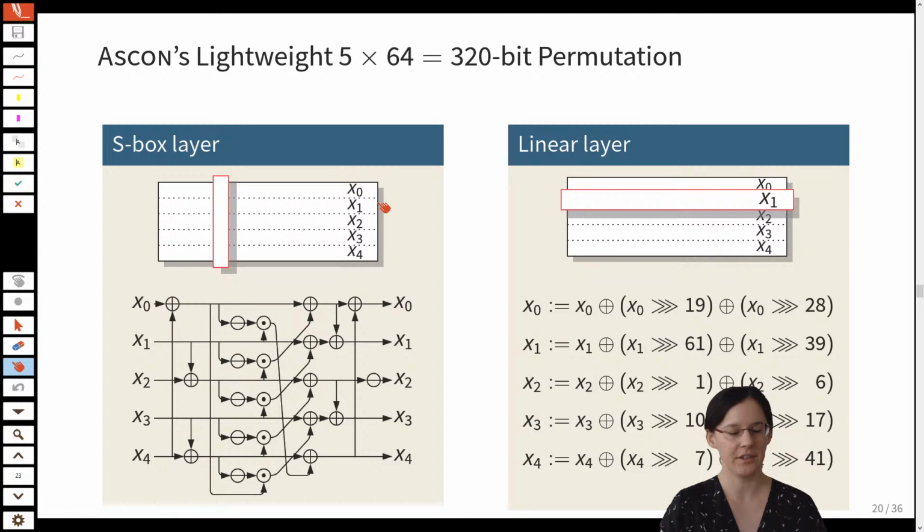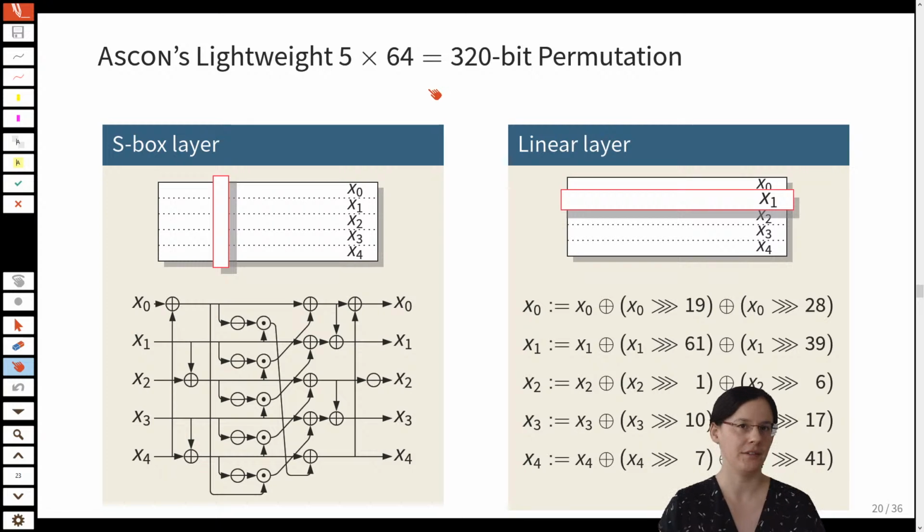So the state layout here, in case you haven't figured it out yet, consists of 64-bit words, which we chose so that it's also well implementable on a CPU, not only in hardware. And we have 5 of those words, which are labeled X1 to X5. So if you implement this SBox in hardware, you would have the circuit here either 1 time or 64 times, or however you want to balance your area with your throughput.